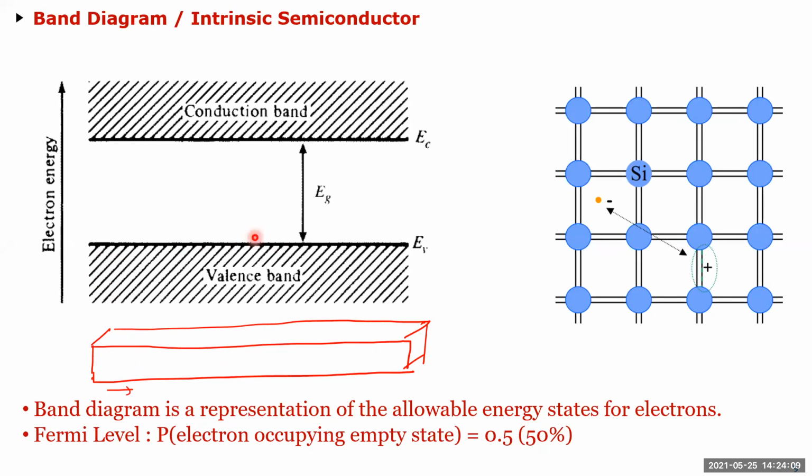What it basically tells you is the allowable energy states for electrons, in the sense that if you've read the classical atomic structures, what are the allowable states in an atom. It captures that with all the lattice and everything else.